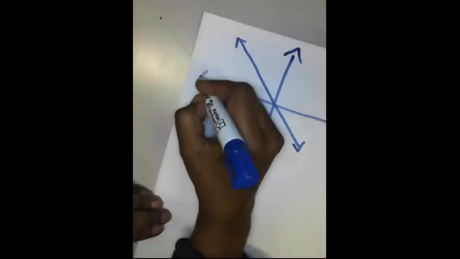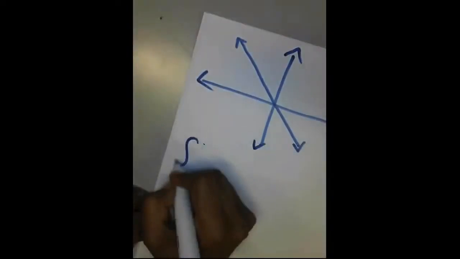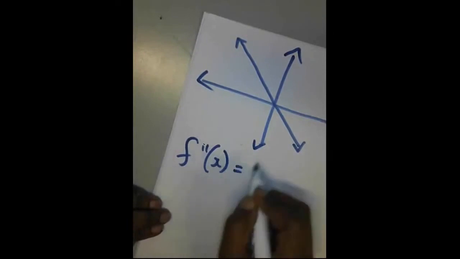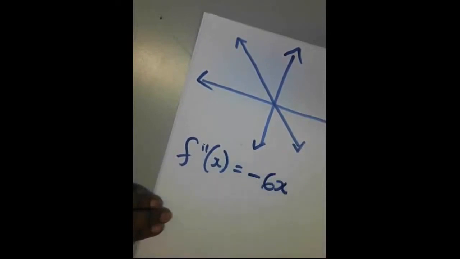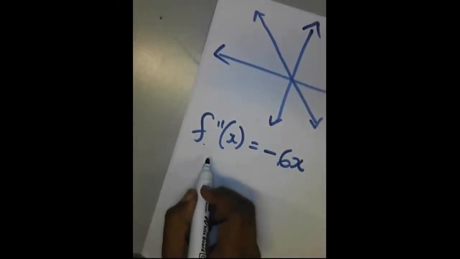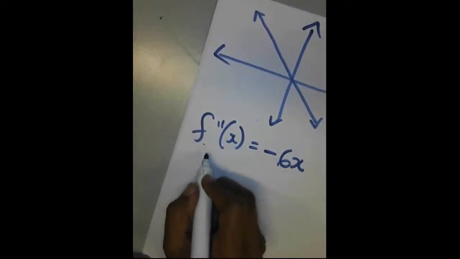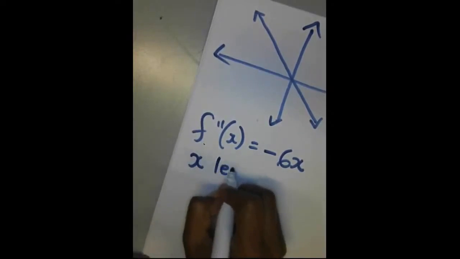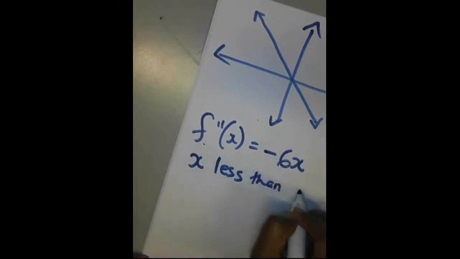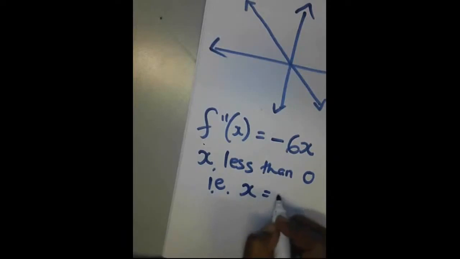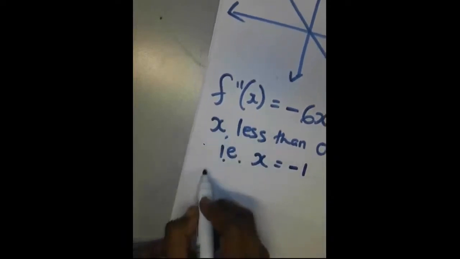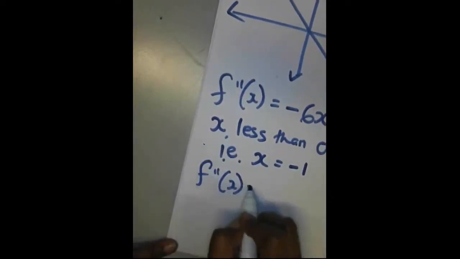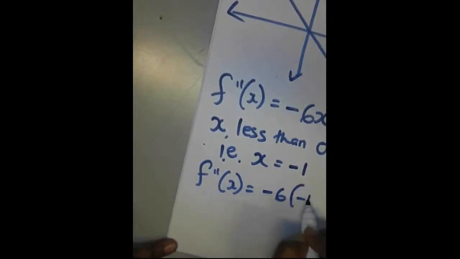Now let's check it to see if I really did it the right way. If the second derivative of x is equal to negative 6x, and I take a value less than 0, in other words, if I take x equal to minus 1, then I'm going to get f double prime of x, which is negative 6 multiplied by negative 1, which is positive 6.